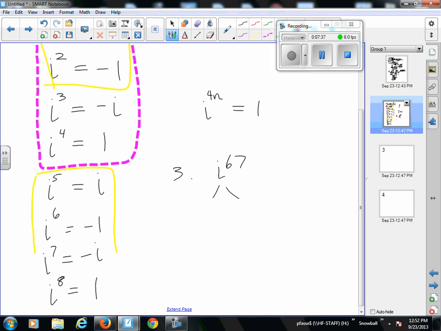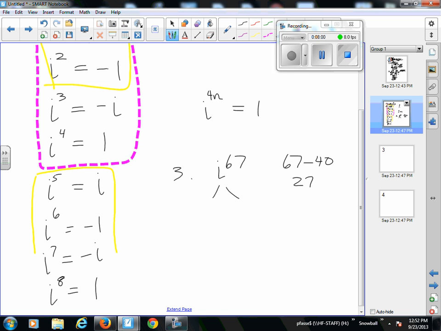So, I to the 40th, I'm trying to look for numbers close to 67. I to the 40th would equal 1 because 40 is a multiple of 4. I may have said factor before, I meant multiple. And then I look at 40 and 67. Well, that leaves us with a difference of 27.